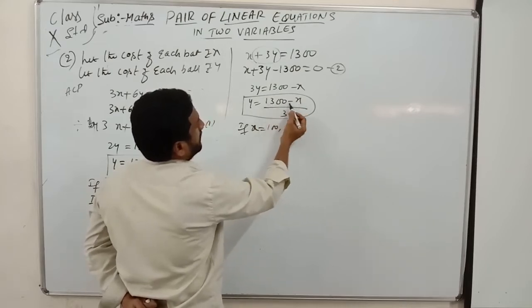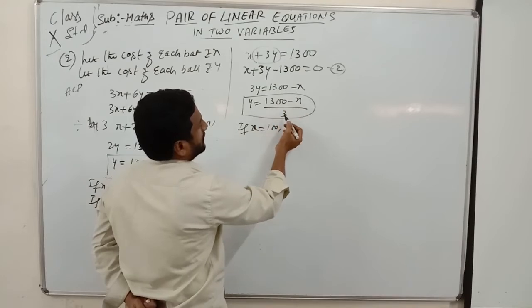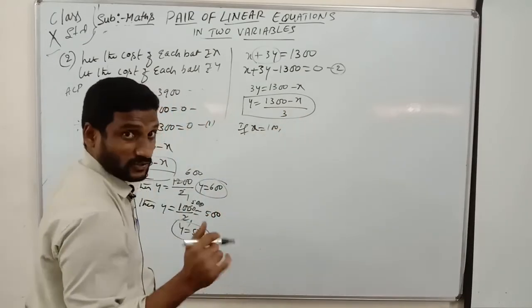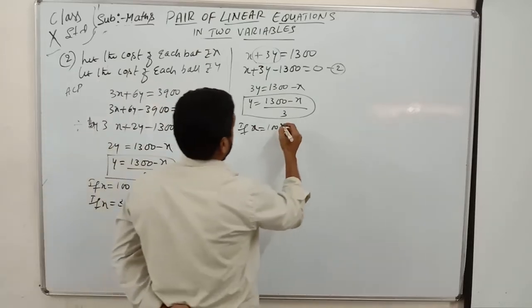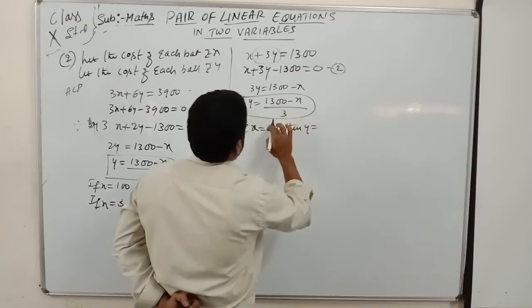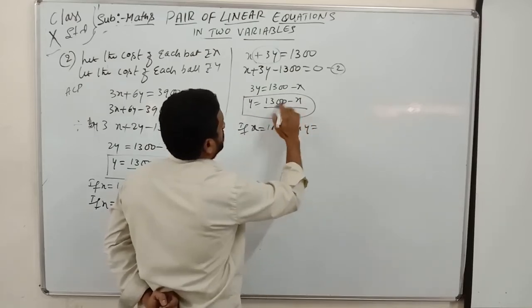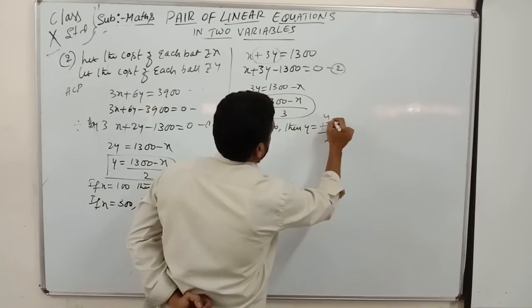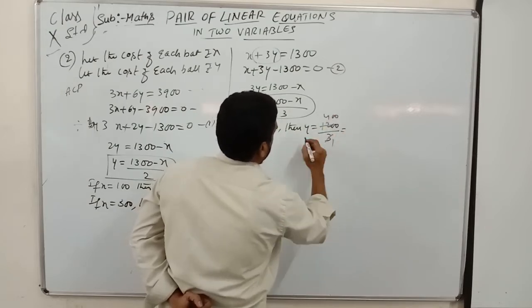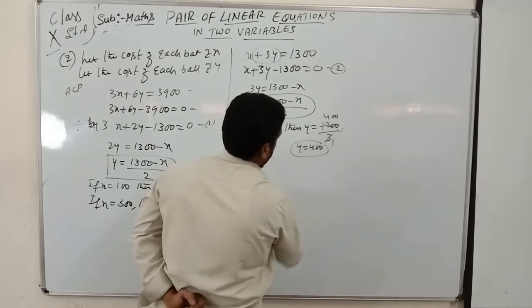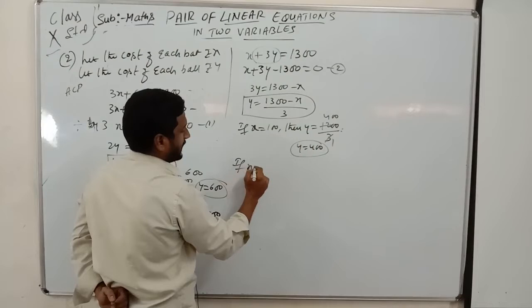Because 1300 minus 100 is 1200, divided by 3; 3 fours are 12, so 400. So then y is equal to 1300 minus 100, that is 1200, divided by 3, so y is equal to 400. One more x value you can take here.